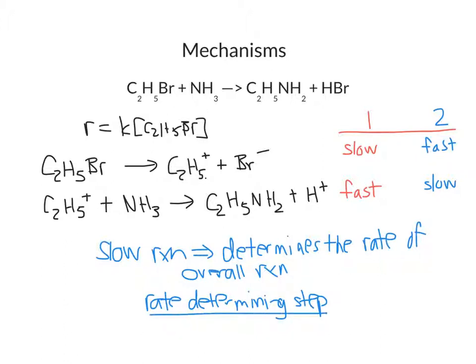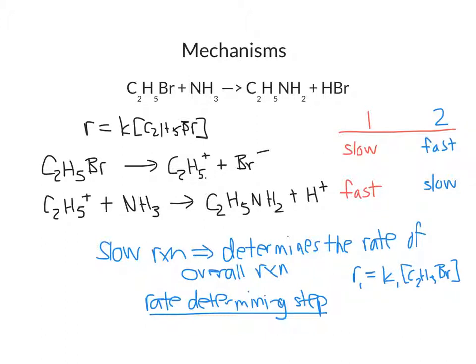When we have elementary steps, since we're describing what happens on a molecular level, we can use the stoichiometry of the elementary step to predict the rate of a given elementary step. And so we would predict that the rate of the first step in this mechanism would be some rate constant for the first step times the concentration of C2H5Br to the first power, because the stoichiometry of this elementary step is just one of these C2H5Brs.